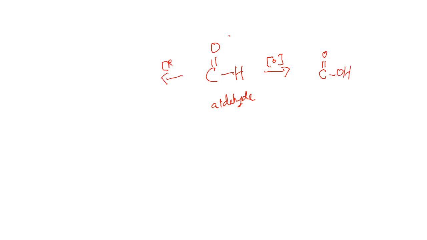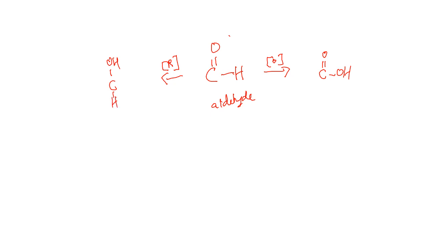Actually, C double bond O is carbonyl. If the carbonyl compound has H, it means aldehyde. It can continue to oxidize and become carboxylic acid, meaning C double bond O, OH. At the same time, it can undergo reduction by a reducing agent. Just now I mentioned there are three different types of reducing agent, which form back the alcohol compound.